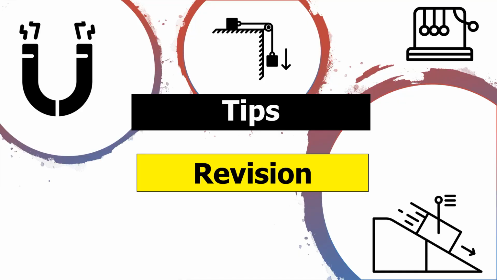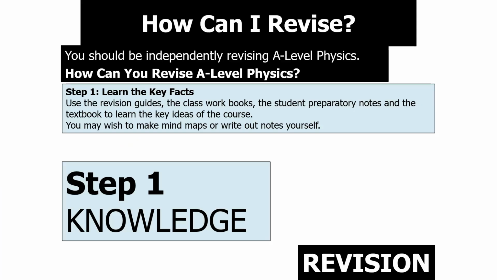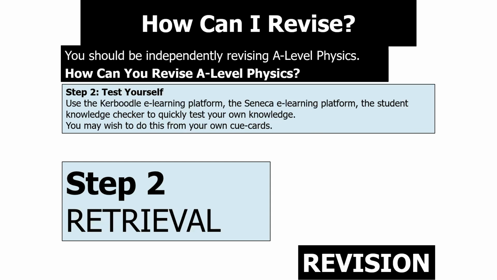So how should you be revising for your A-Level Physics? So the first step is to learn the key facts. Use the revision guides, the class workbooks, the student prep notes, the textbooks to learn the key ideas of the course, and you might wish to make mind maps or write out notes yourself. The second step is to retrieve your understanding, so test yourself. Use things like Caboodle, Seneca, knowledge checkers to quickly test your own knowledge, and you might want to do this from cue cards.